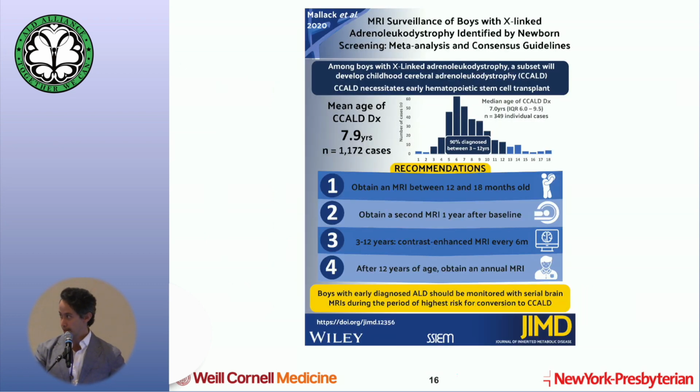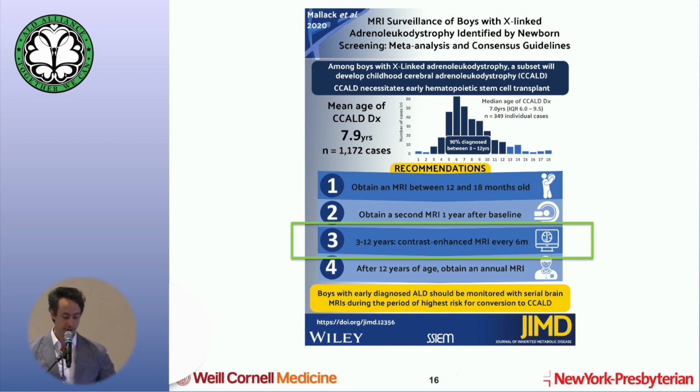So we came up with these imaging recommendations: obtaining the first MRI somewhere between 12 and 18 months old, a second MRI after baseline, and then between 3 and 12 years old, a contrast-enhanced MR every 6 months. I think that's up for discussion about how to do that, and that's a conversation we can definitely have.